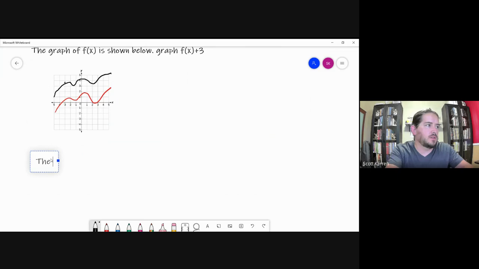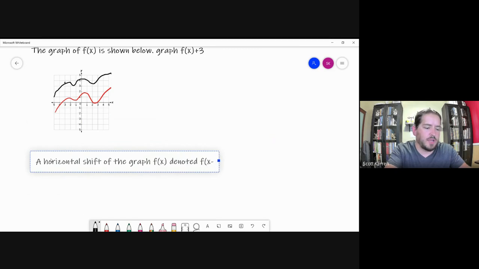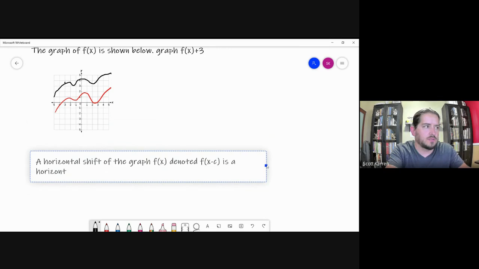But let's say a horizontal shift of the graph f of x denoted f of x minus c, right? So that x minus c, in parentheses with that x, is a horizontal shift of c units.